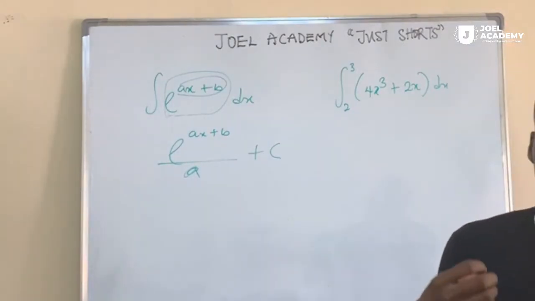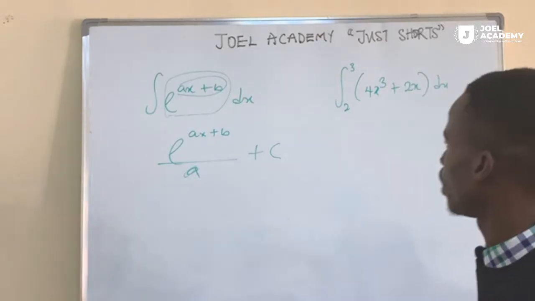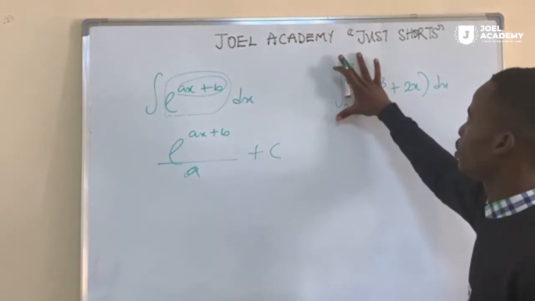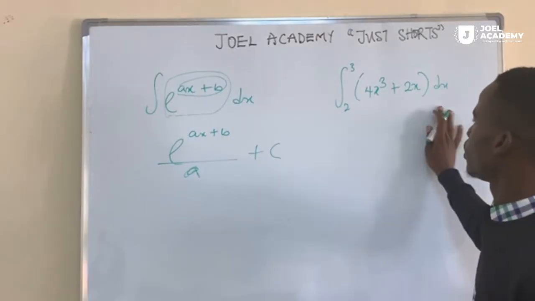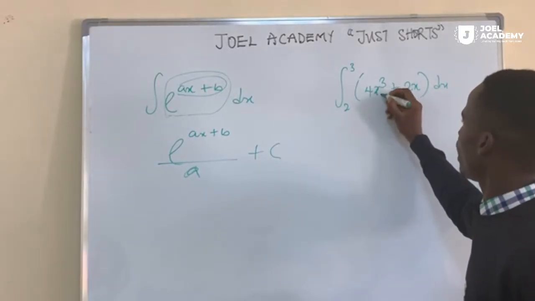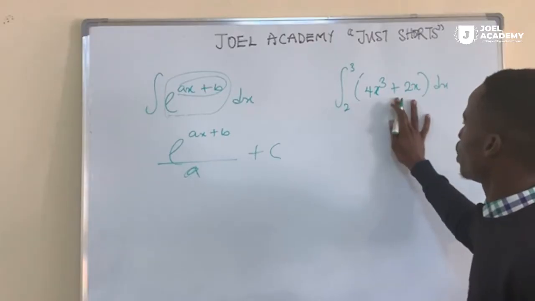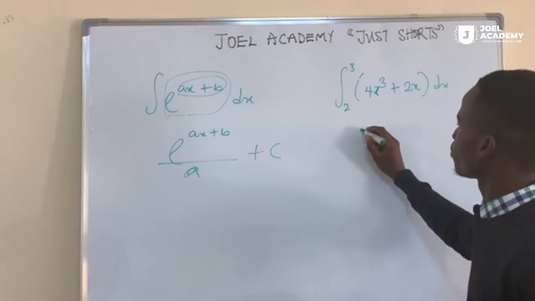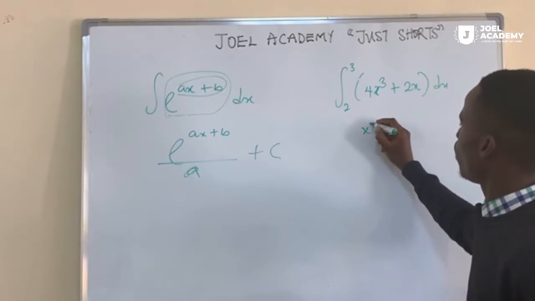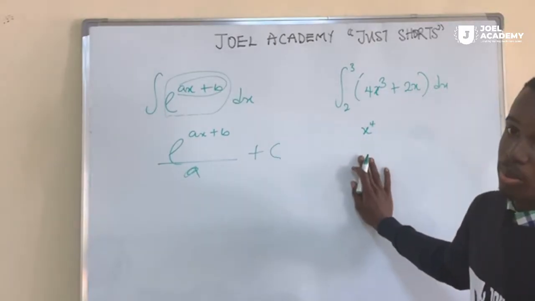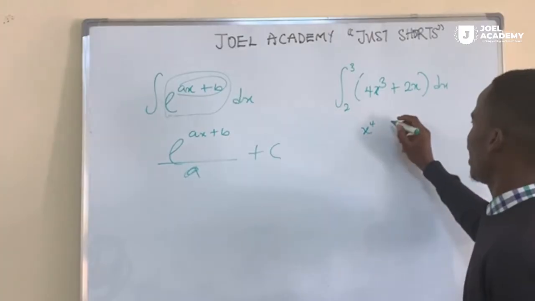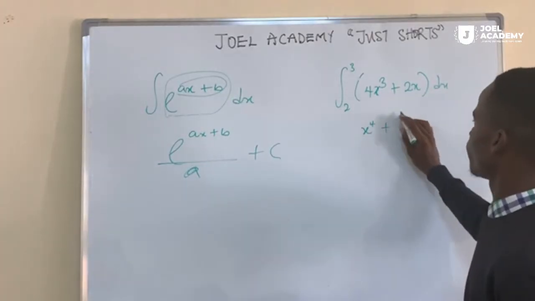The outcome is a constant. So what you just need to do is forget about the 2 and 3 for now. Integrate this. When you integrate 4x cubed, you'll have x raised to power 4. Then you have plus, integrate this one separately, you have what?